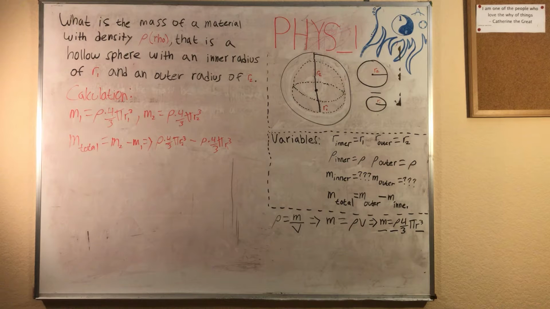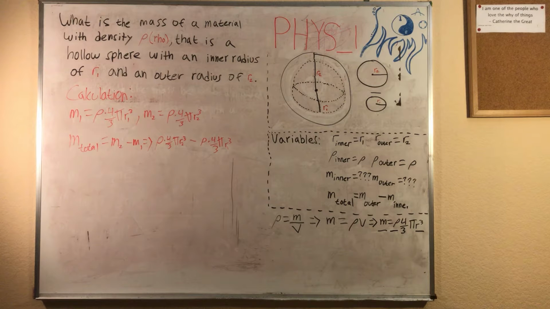So now our mass total equals rho times 4/3 times pi times r sub 2 cubed minus rho times 4/3 times pi times r sub 1 cubed. Our rho, 4/3, and pi are all the same constants, so they can be factored out from both terms.